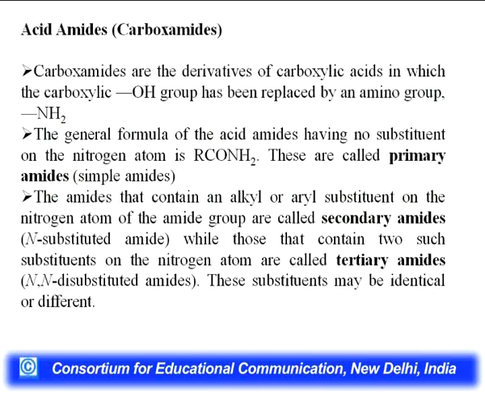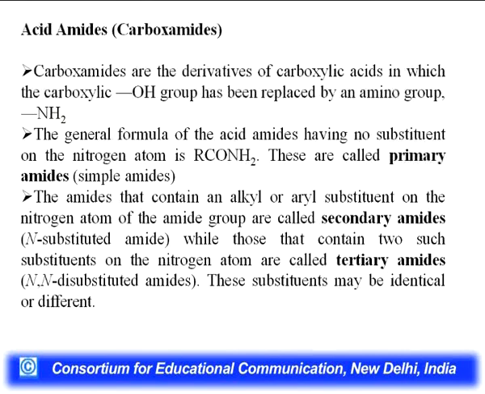Next derivative of carboxylic acid is the acid amides, in which the hydroxyl group of the acid has been replaced by the NH2 group, the amino group, or we can also say carboxamides. The general formula of the acid amide having no substituent on the nitrogen atom is RCONH2. We can say this is the primary amide or simple amide.